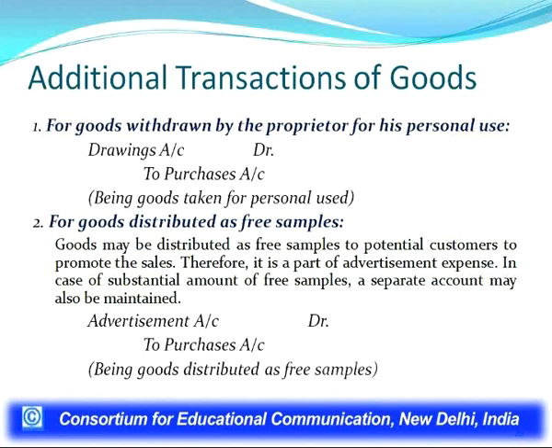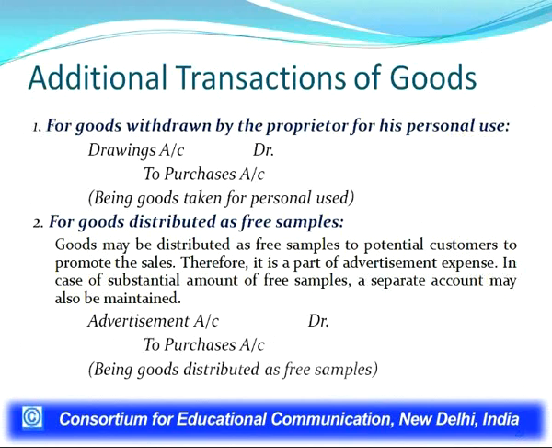So it is a free sample, and we know the free sample is against the goods purchased for resale purpose. So free samples are treated as an advertisement expense, and the cost of such goods is debited to advertisement account. So the entry will be advertisement account debit to purchases account.